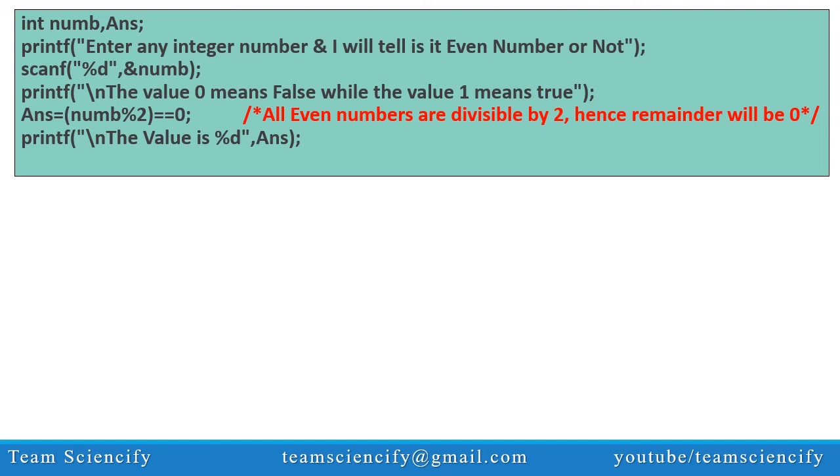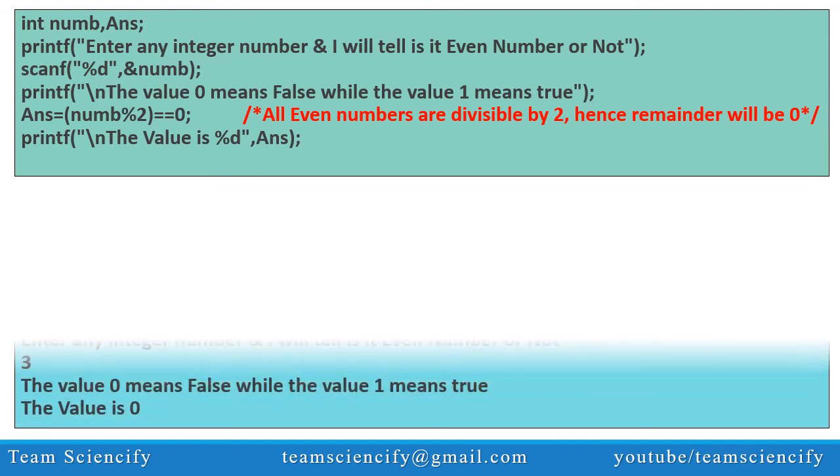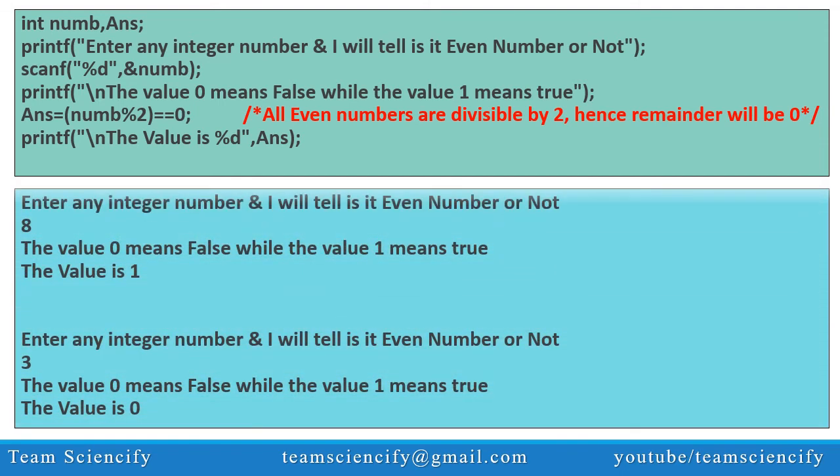Since we know that if a number is divisible by 2, then that number is an even number, we can show that using the modular and equality operator, where if the entered number num when divided by 2 leaves 0 remainder, then the number is an even number. For example, we enter number 8.